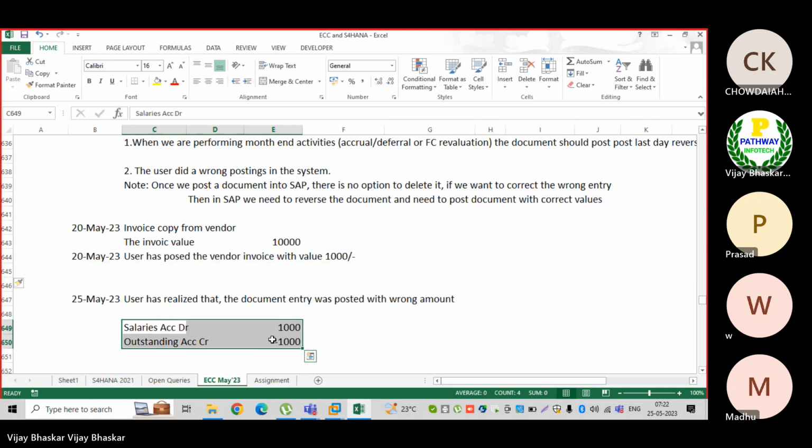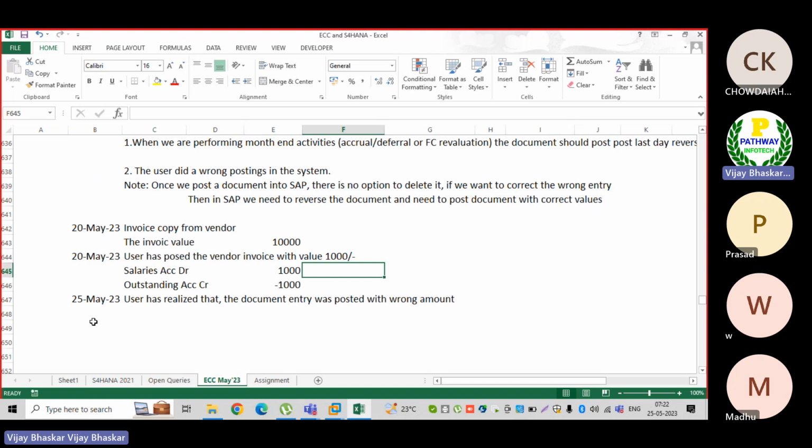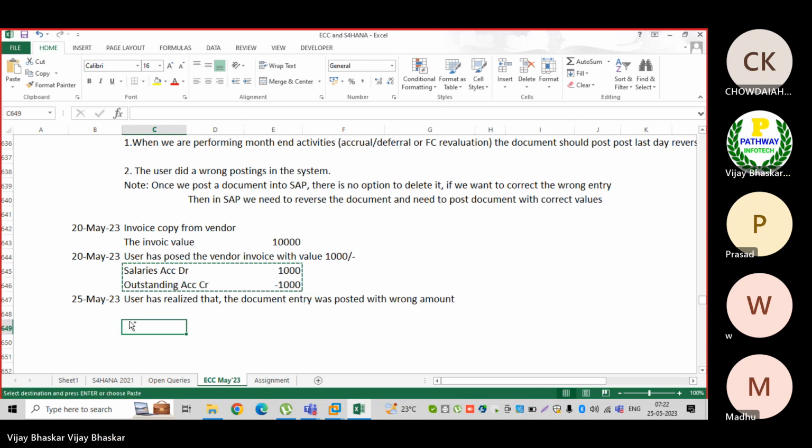Now, this is the entry that was posted on 25th of May. The user has realized that it's a wrong entry. In order to reverse the document, we need to understand how it will have impact.